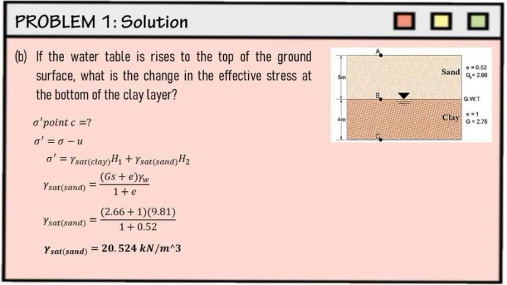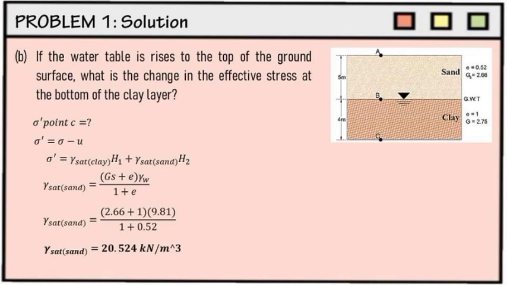Now for B, if the water table rises to the top of the ground surface, change in the effective stress at the bottom of the clay. So sigma at point C. Sigma is equals to stress minus pressure. So stress is equals to gamma saturation of clay multiplied by height 1 plus gamma saturation of sand multiplied by height 2.